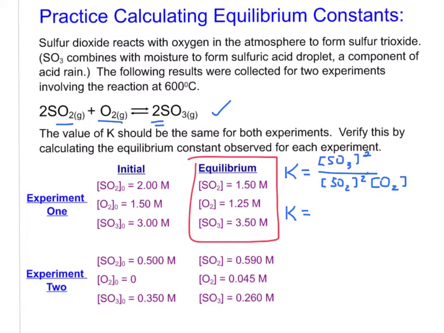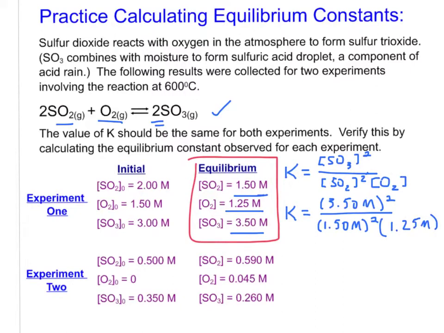And when we do that, we see that at equilibrium, the sulfur trioxide is 3.50 molar, and that's going to be squared, divided by the concentration of sulfur dioxide, 1.50 molar squared, times our concentration of oxygen at equilibrium, 1.25 molar, and that is not squared.